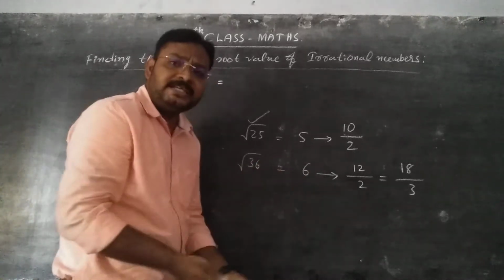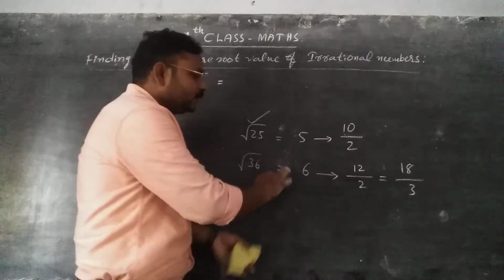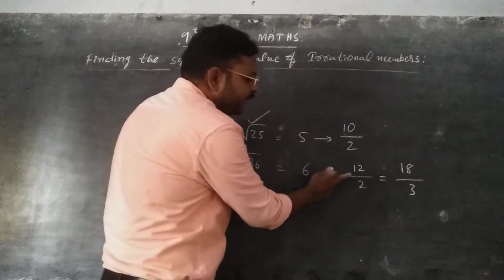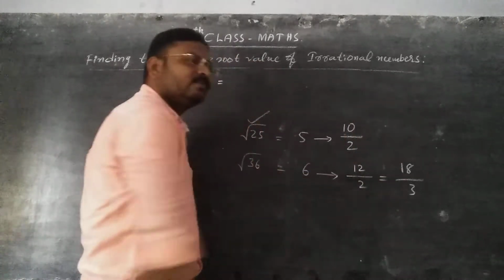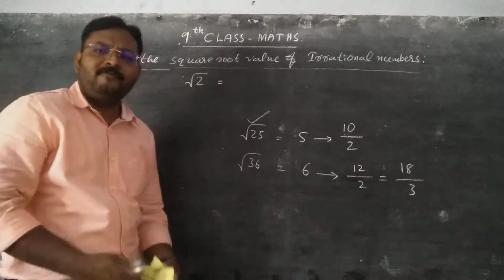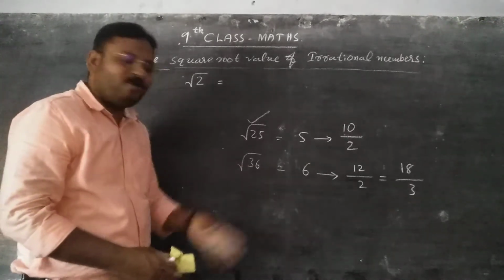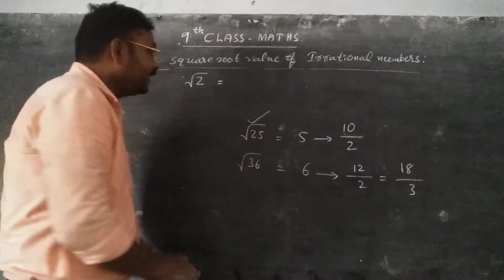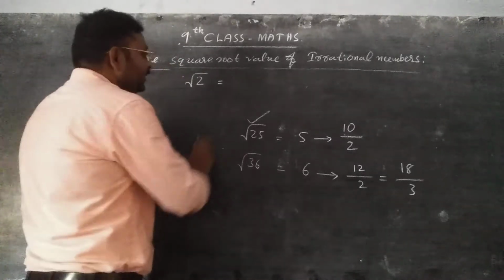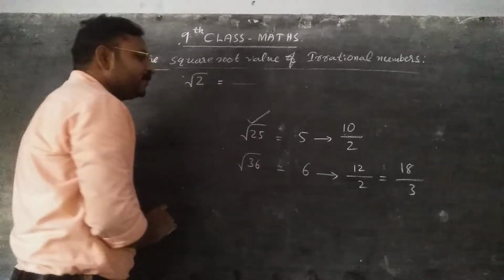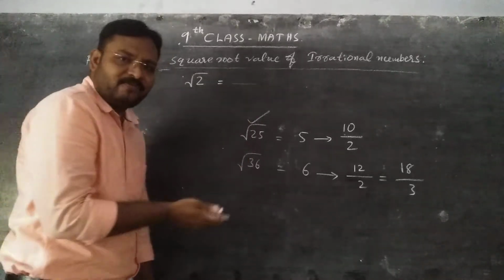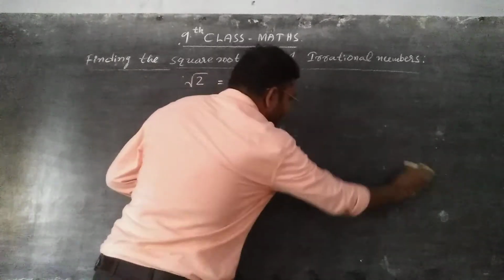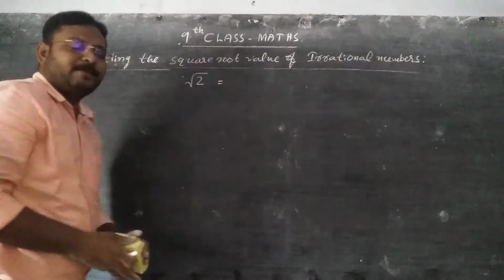Every number we express in the form of p by q is called a rational number. Can you express root of 2 in the form of p by q? No. So root 2 is an irrational number.